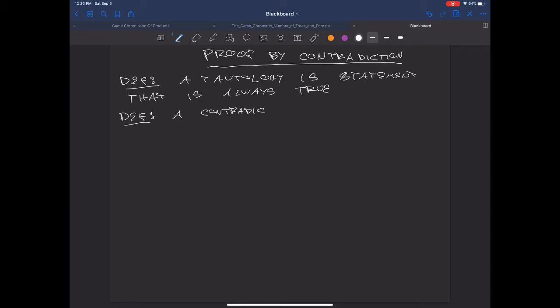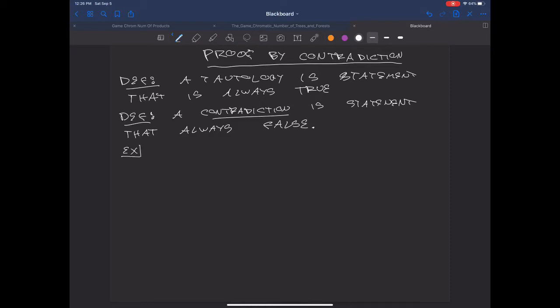A contradiction is a statement that's always false. All right, so if we have a statement that is absolutely always false, we call that a contradiction.